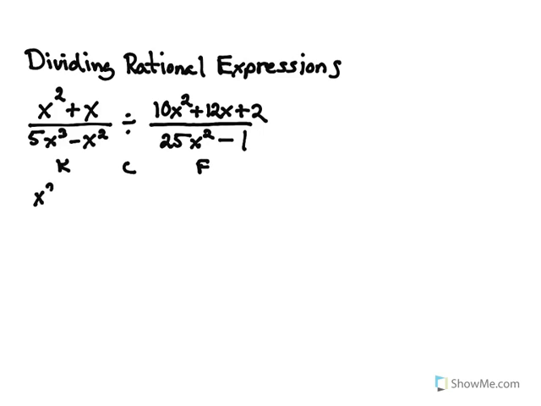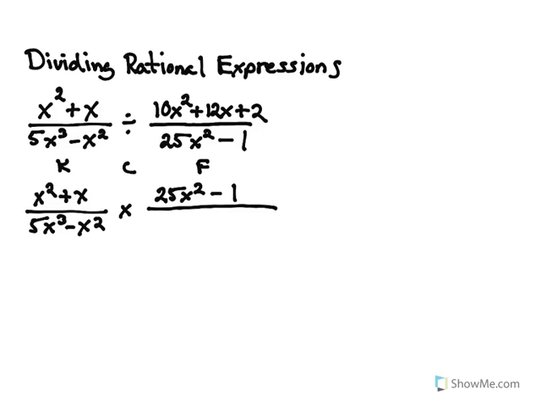So we're going to keep the first fraction identical. We're not doing anything to it other than rewriting it. Then the division changes to multiplication, and then we reciprocate the fraction. Like I said, the denominator becomes the numerator, and the numerator becomes the denominator.